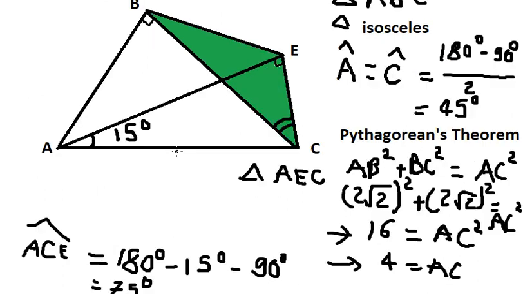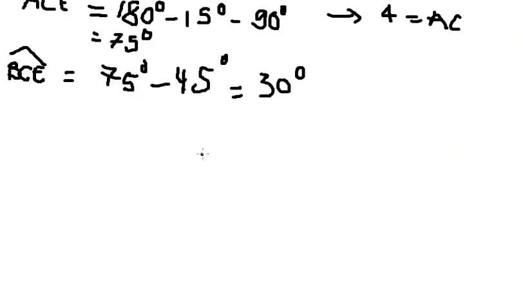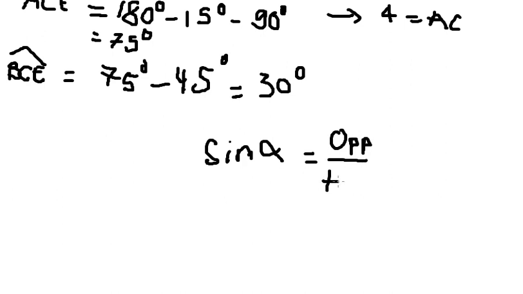After you got AC, we can find EC in here. So we consider triangle AEC. We have the right angle in here and we have 15 degrees in here. So that should be sine alpha, which is opposite divided by hypotenuse.